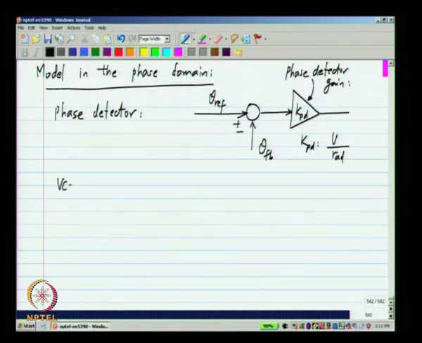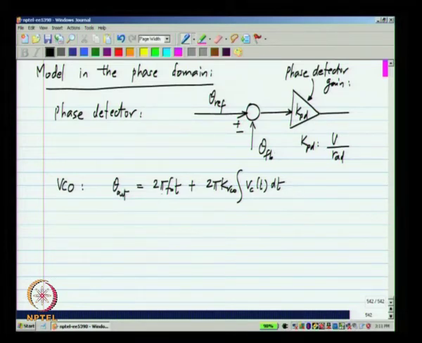Then the VCO itself, we have already modeled this, I will show the picture of it. We know that the output phase of the VCO is a ramp corresponding to the free running frequency plus something related to the integral of the control voltage. The input of the VCO is the control voltage and the output is some signal with this phase.